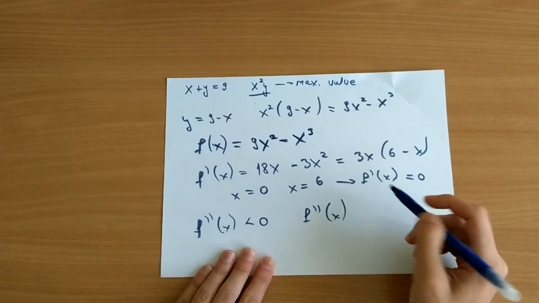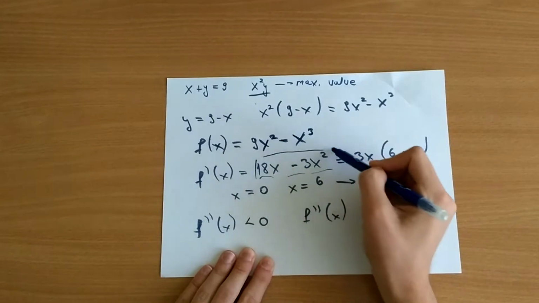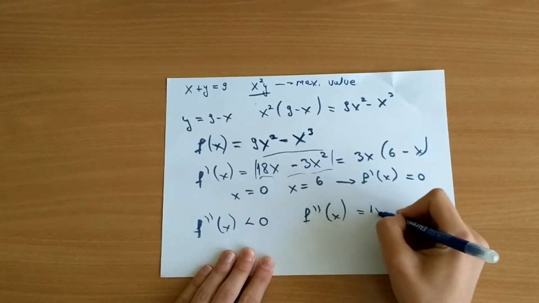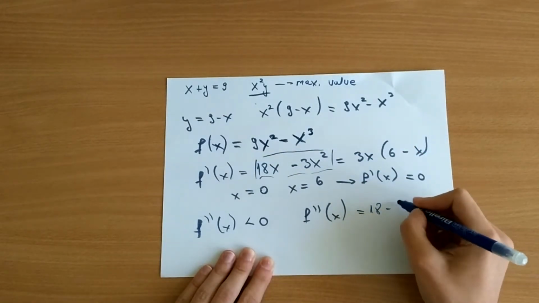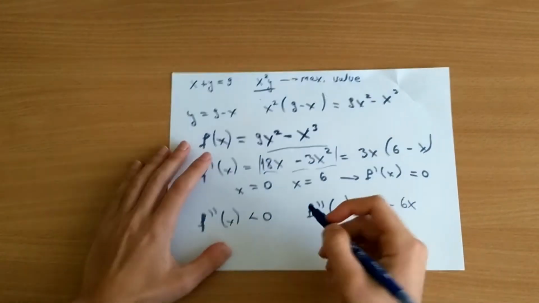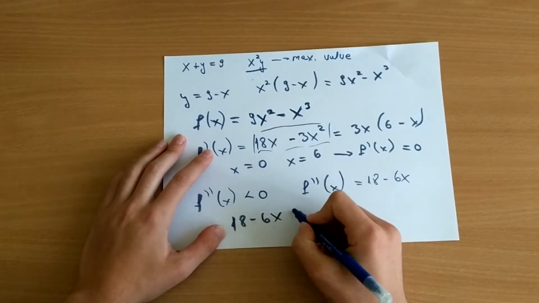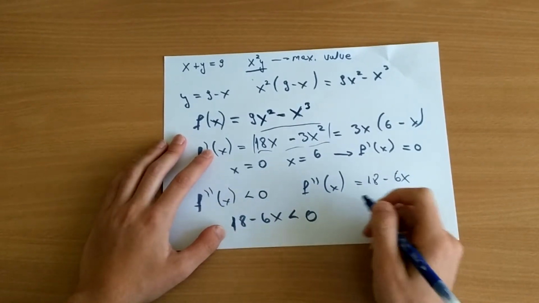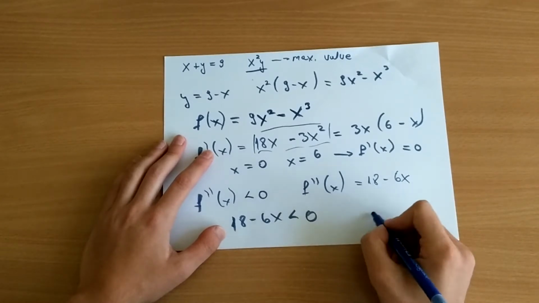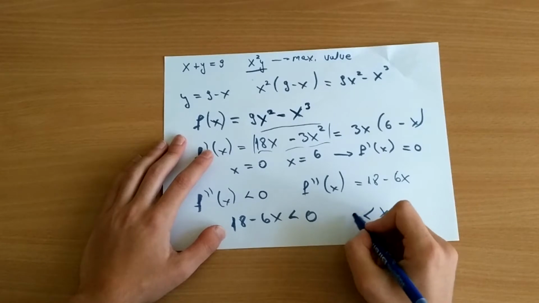If you find the derivative of the first derivative, it will be equal to 18 minus 6x. Okay, so basically 18 minus 6x has to be smaller than 0, or x has to be bigger than 3.